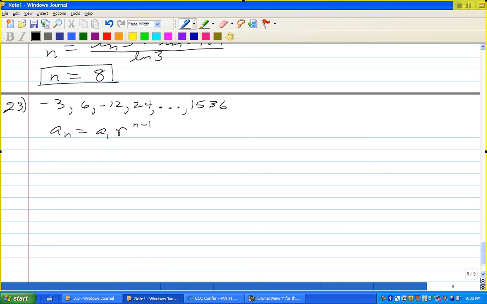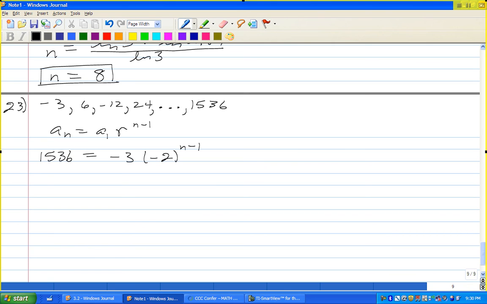And so the first term is negative 3. The common ratio is negative 2. So to go from negative 3 to 6 multiplied by negative 2, multiply 6 by negative 2, negative 12, times negative 2, positive 24, times negative 2, negative 48, etc. Okay, and I have that this last term is 1536.